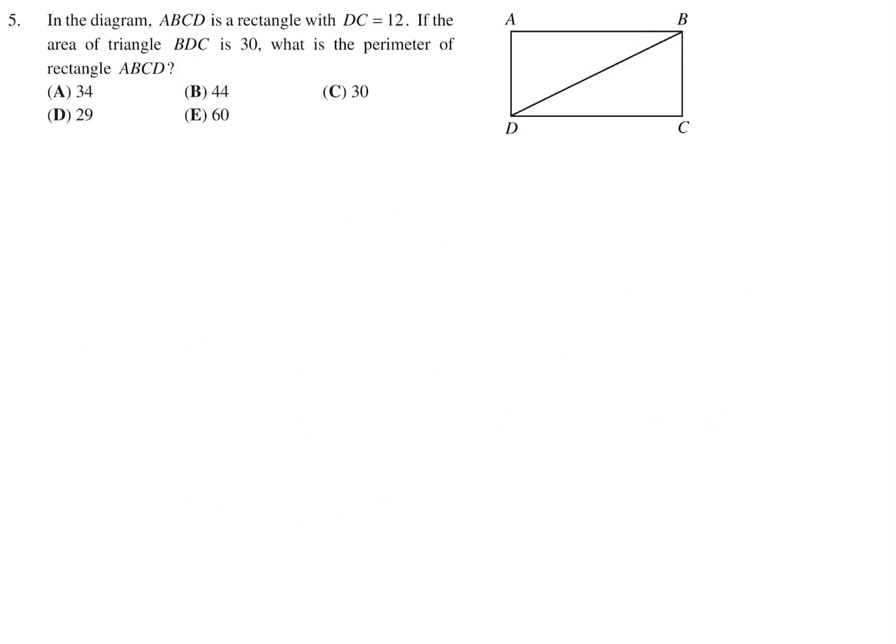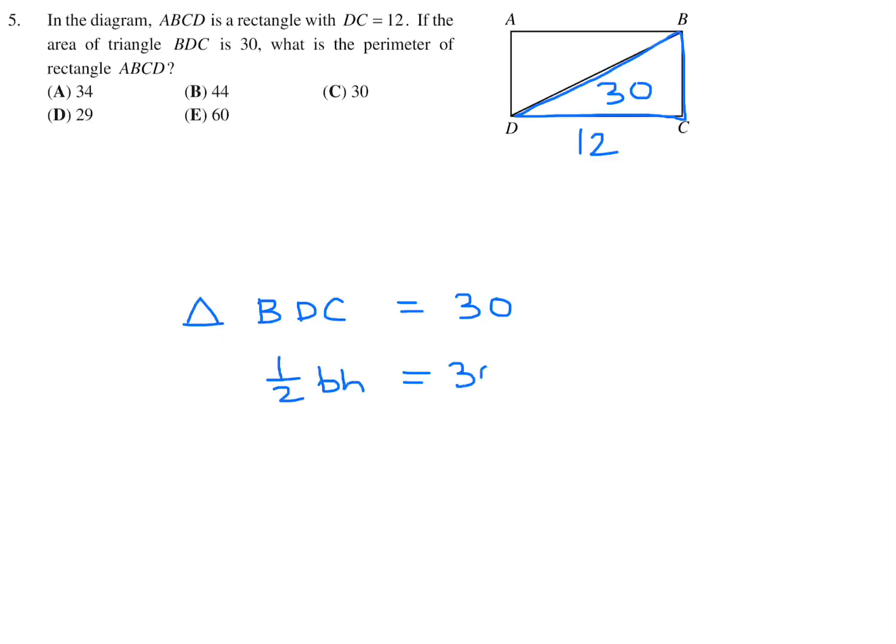In the diagram ABCD, it is a rectangle with DC equal to 12. If the area of triangle BDC is 30, what is the perimeter of the rectangle ABCD? Okay, so triangle BDC has an area of 30. And the area of a triangle is 1/2 base times height, so that's 30.